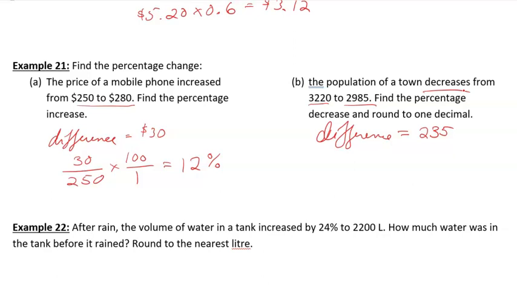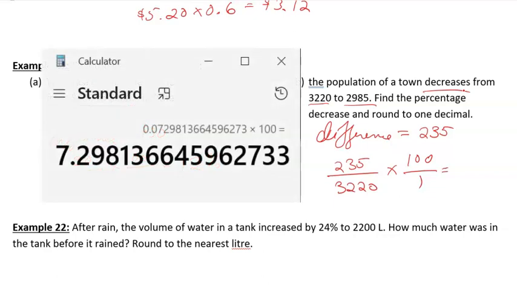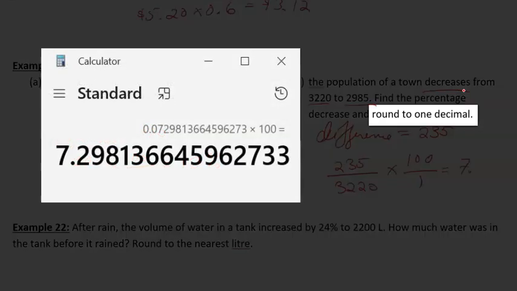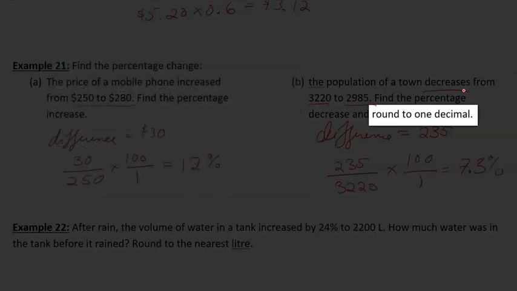So we want to find the percentage decrease, which is 235 over the original amount, which was 3220. And how do I make this a percentage? Times 100%, which is 100 over 1. So do all the maths, do all the canceling, and I promise you, you will end up with 7.3%.